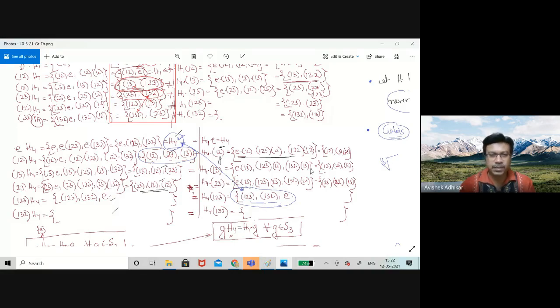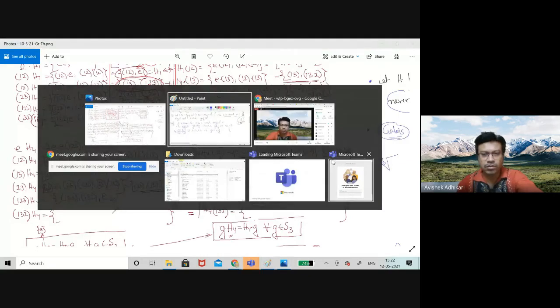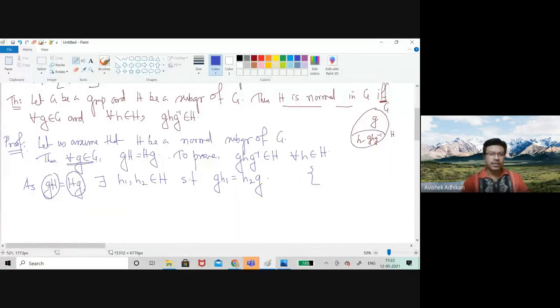That means this element, if these two sets are the same, what does it mean? That this element must belong to this set, and you do not know the position. Okay, so here also, if I have this set equal to this set, then one element from here should look like g h1, and one element from here should look like h2 g.